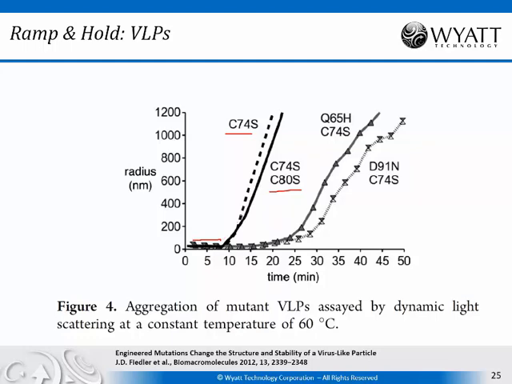You can see that it's going up to very large sizes, from just a few nanometers up into the hundreds within a few minutes, whereas some of the other mutants, like the C74S and D9D1N, took longer and aggregated much more slowly, and therefore can be considered more stable, at least in terms of thermal stability.